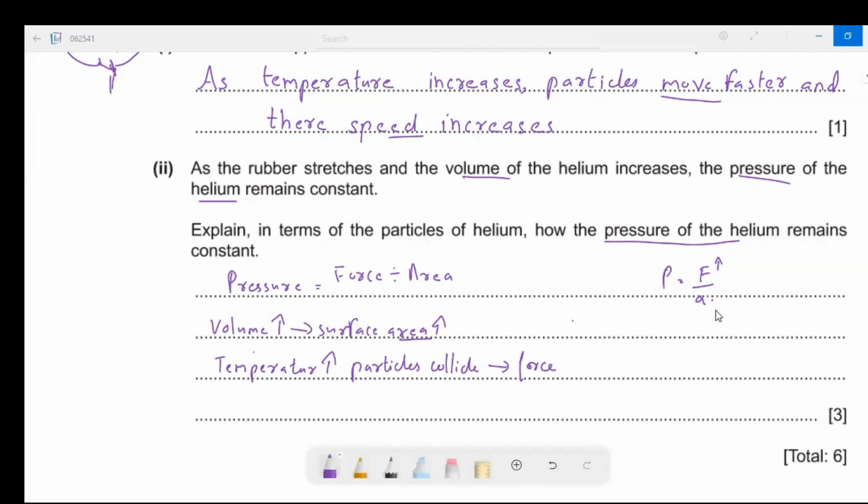So both are getting increased. That is, the effect of larger area cancels the effect of larger force. The effect of force and the effect of area are both more. They will cancel each other. So as they cancel each other, the pressure will be constant.